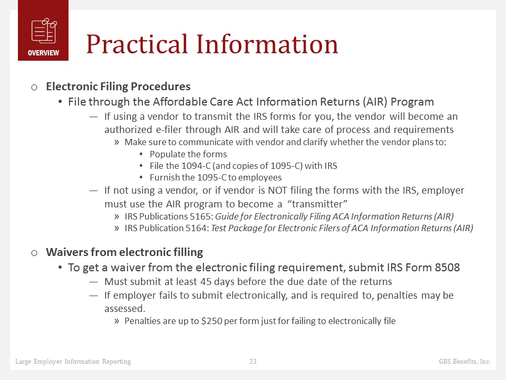If you're not using a vendor, or if the vendor is not filing the forms for you, you must use the AIR program to become a transmitter. This is a process to go through to become a transmitter. There are actually 3 stages of this process, and maybe I should add it to my PowerPoint presentation so that you can see it. But we do have listed here IRS publications that explain that.